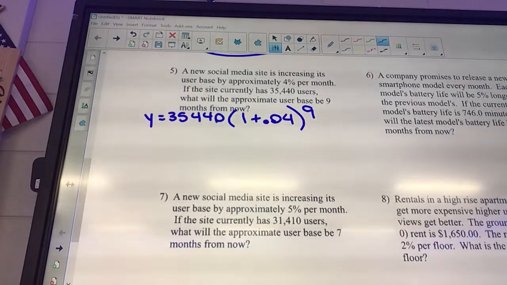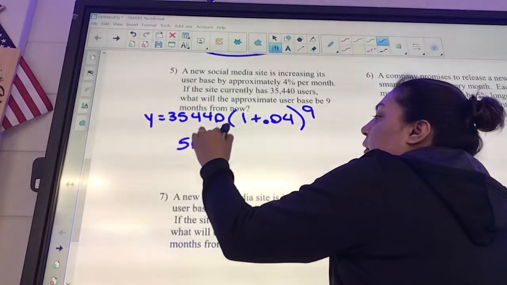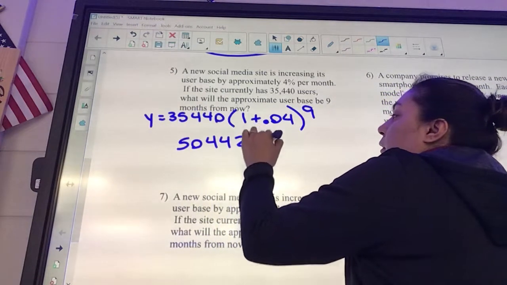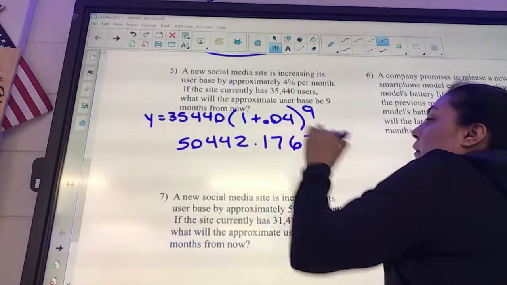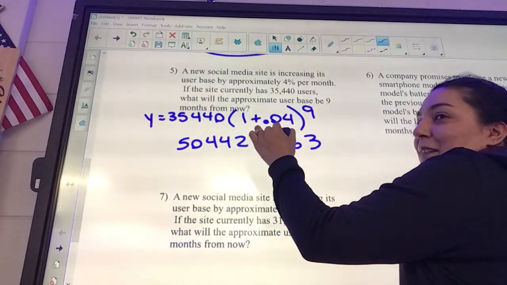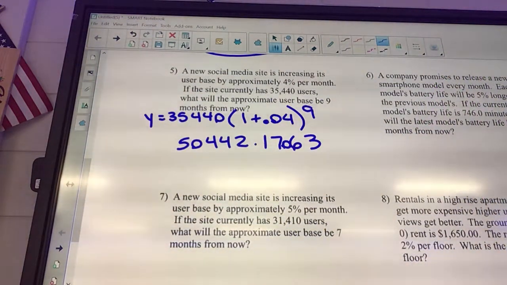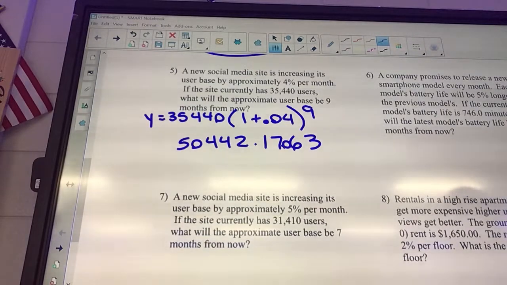What is it? 50442.17063. So this is the number we got.